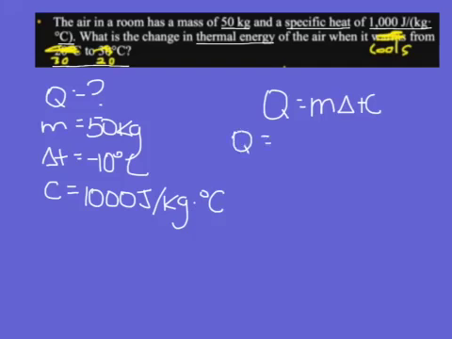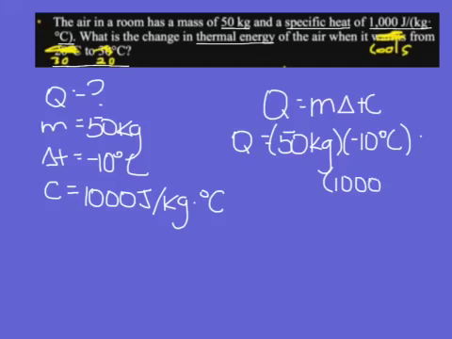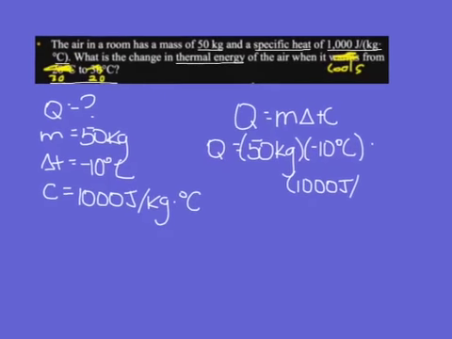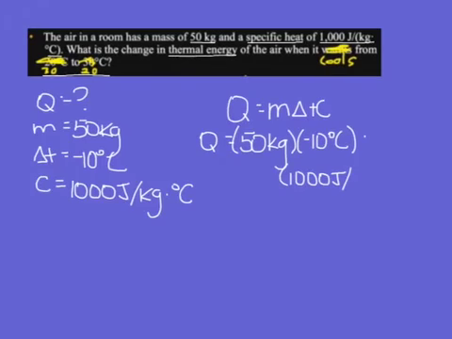So Q equals 50 kg times negative 10 degrees Celsius times, I'm going to come over here again because I don't have room, 1,000 joules per kg times degrees Celsius.